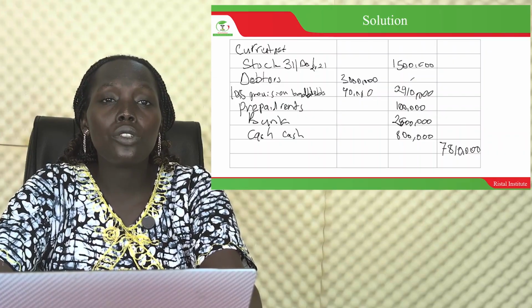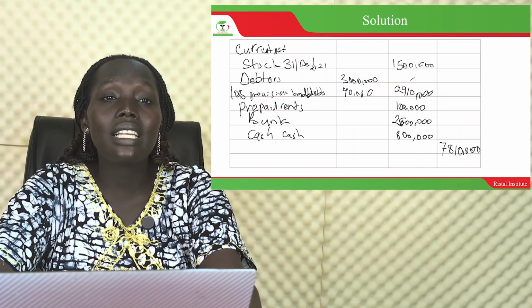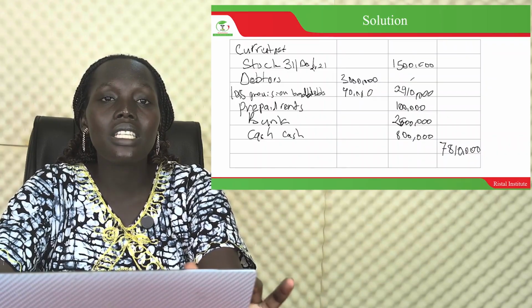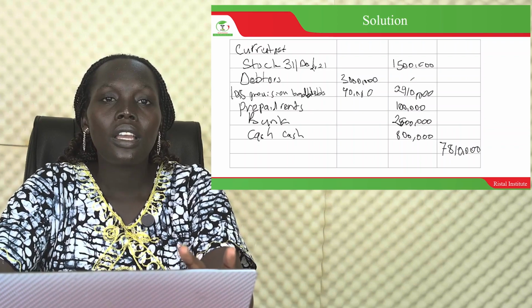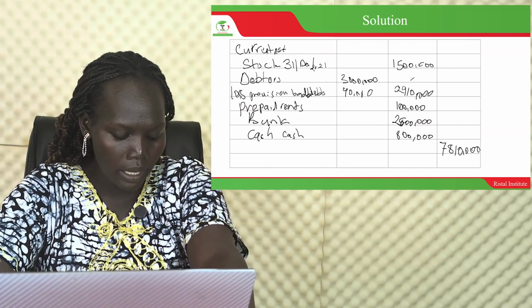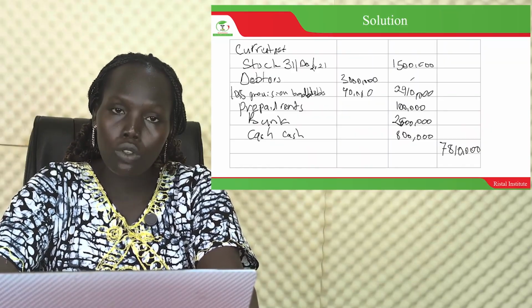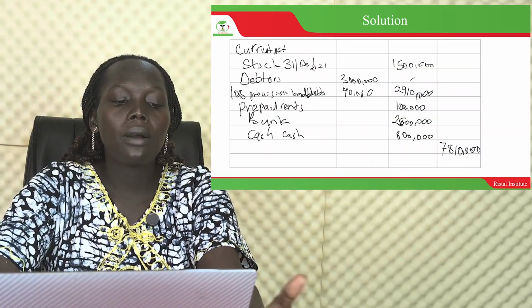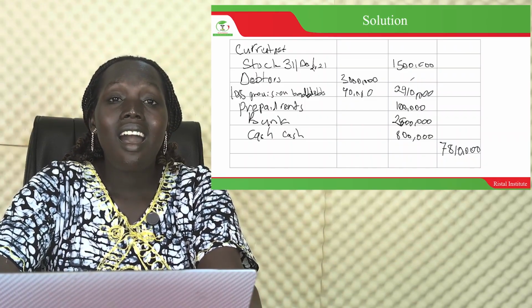To get the working capital, what does it mean? We shall get current liabilities. So we shall get current assets minus current liabilities to come up with our working capital. So when we come up with our working capital, that's when we shall be able to get our net assets.